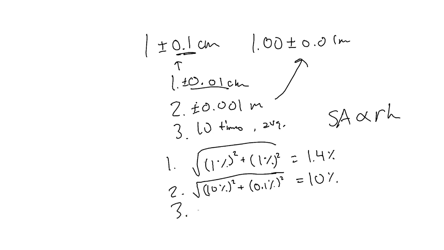And finally, we have 3, which is going to reduce our original uncertainty by a factor of 1 over n, right? And so 1 over the square root of n, right? So it's going to reduce it by a factor of 1 over the square root of n, which is going to be around 3 point, well, not that, square root of 10.